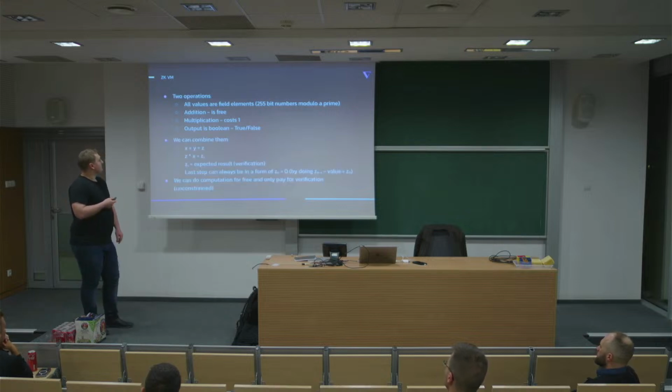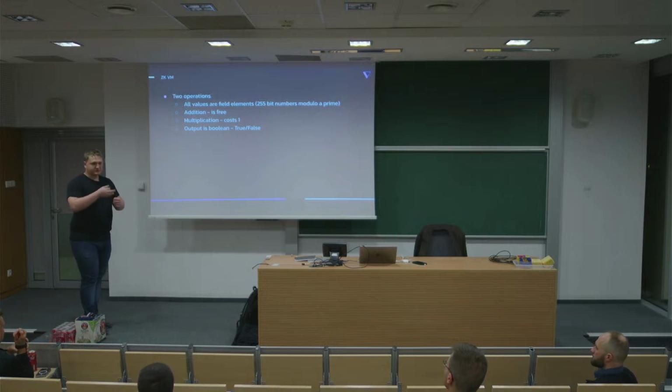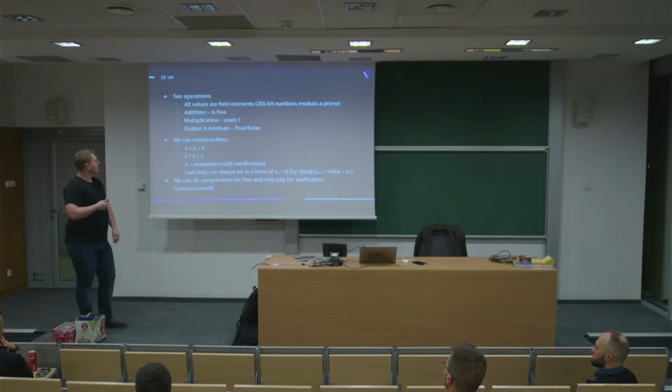Yes, so our output is Boolean, true or false, because at the end when we compute it, we compare it to 0, and that is true or false. Or we can compare two numbers together, which essentially is the same as comparing to 0, just subtracting them from each other. And we can combine those operations. So here we can add x to y and get z, but then on the next line we can multiply z by x, essentially getting z1.